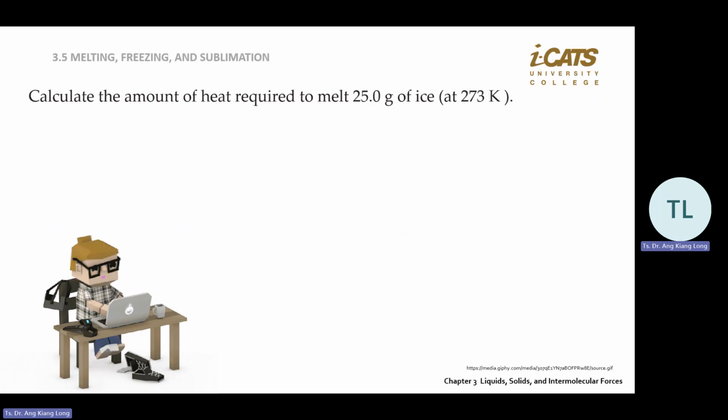Because it did not mention what kind of heat, it just tests whether you're able to differentiate between vaporization and fusion. Here it asks you the word melt. Melt actually converts solid into liquid. So you see the table, ice is water, H2O. How many kilojoule per mole is the fusion in the table?